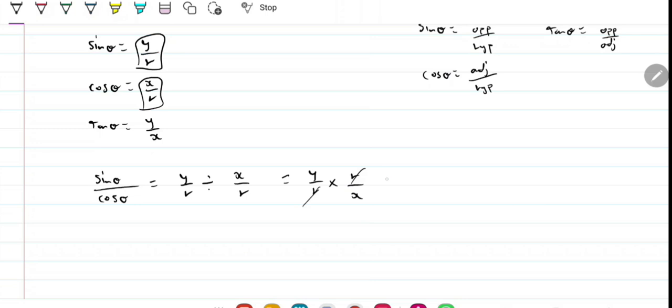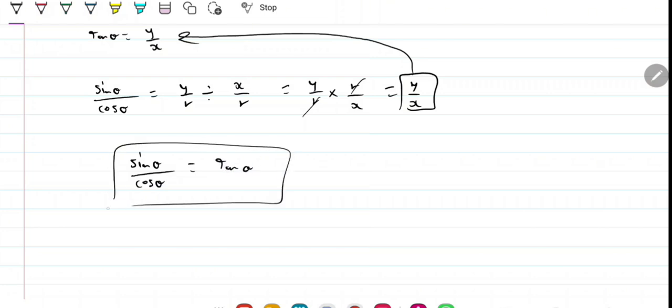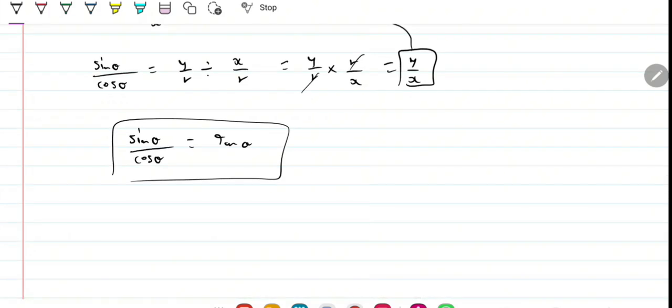The r's cancel out, leaving me with y over x. And y over x is clearly tan theta. So you see that sine theta over cos theta is equal to tan theta. That's one of the fundamental identities you have to remember.